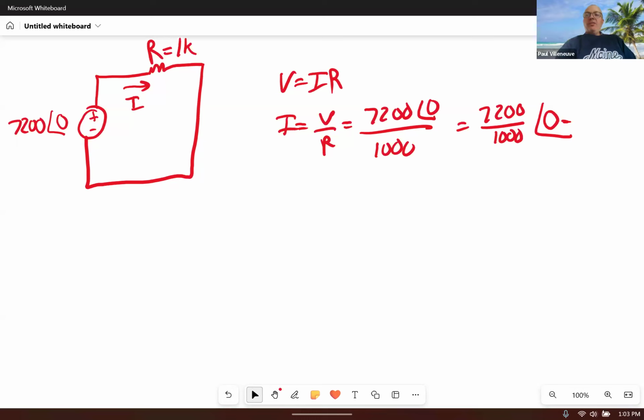But for resistors it's 0, so 0 minus 0 is equal to 0. So you have 7.2 amps at an angle of 0. Right? That's our first basic circuit. We didn't even need to use a calculator, right? Because most of us can divide 7,200 by 1,000 in our head. Not too bad.